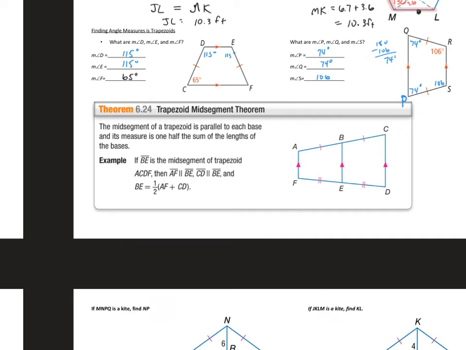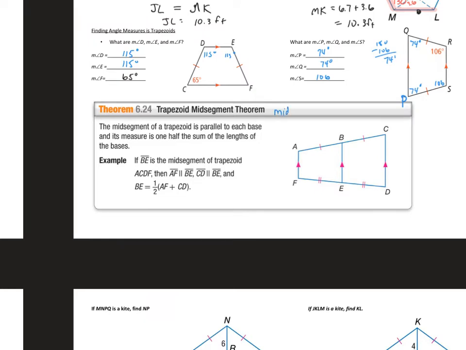A midsegment of a trapezoid is parallel to each base, and its measure is half the sum of the lengths of the bases. So here, if I wanted to know what is the length of segment BE, it is half of the length of segment AF plus the length of segment CD. And you might be asking, what is a midsegment? So we'll just put this over here.